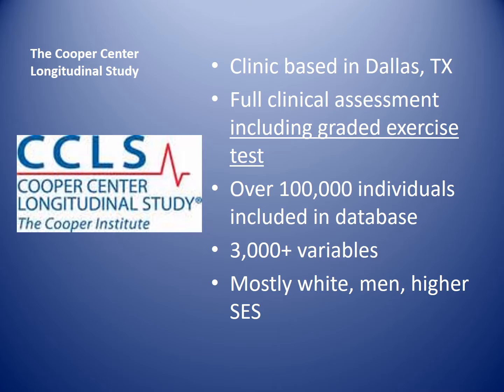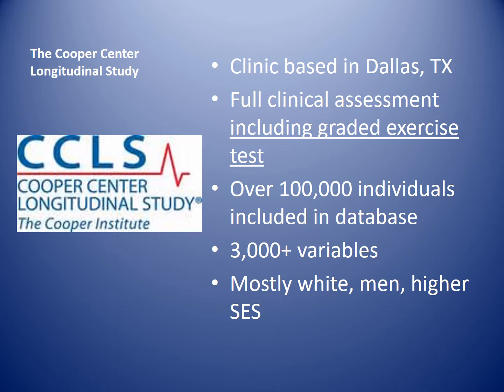Here's another cohort study. This is a very famous one as well. It's called the Cooper Center Longitudinal Study, CCLS. It's also sometimes called the Aerobics Center Longitudinal Study, ACLS. This is a clinic that's based in Dallas, and what they do is individuals come in for a full clinical assessment: blood pressure, heart rate, cholesterol, etc. Hundreds of variables are measured.